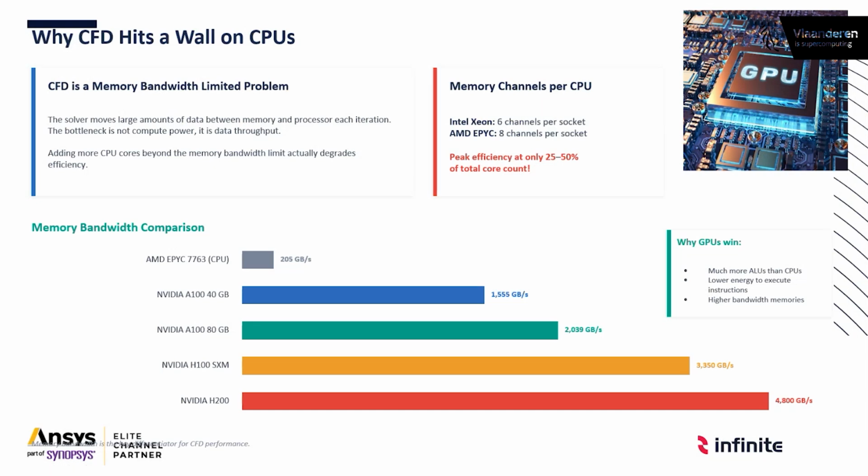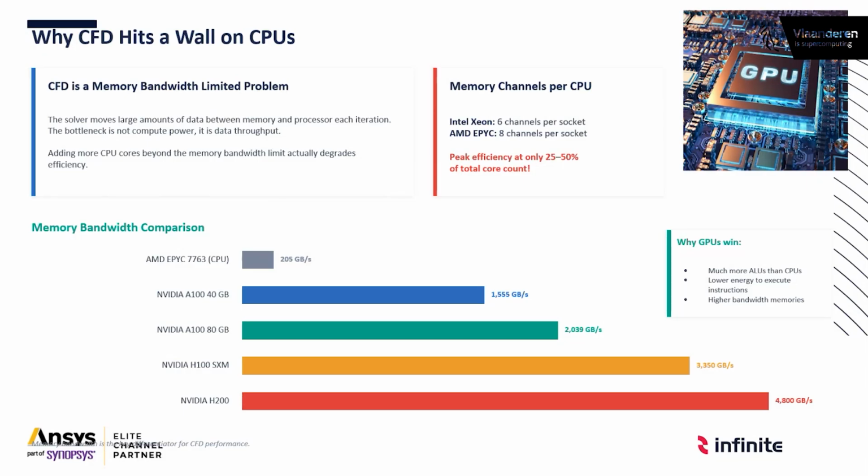So if we look at the chart over here, at the top we see the AMD EPYC, which is the processor used on the Hortense supercomputer. Then we see NVIDIA's A100 and H100, and these drastically increase the memory bandwidth. If you look at the A100 with 80 gigabytes, which we will use, it's 10 times more memory bandwidth compared to a CPU.